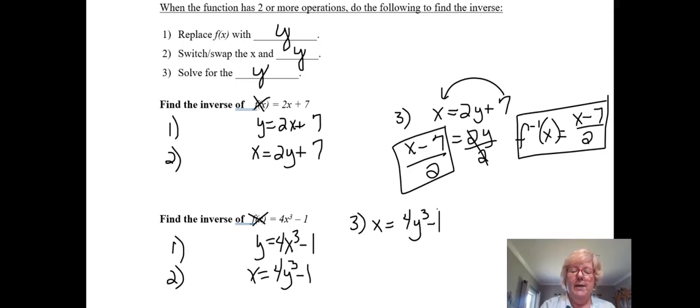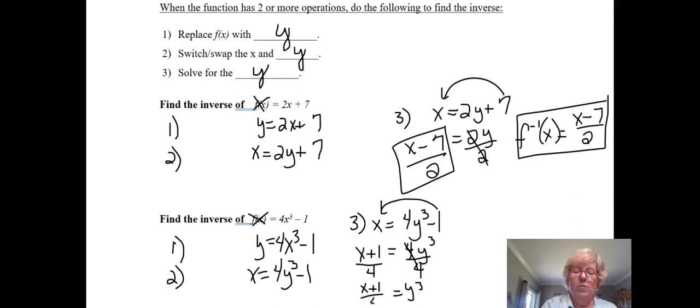Now in this problem, I need to move over my -1, so that becomes x plus 1. Then I would need to divide by 4. Gives me y to the 3rd equals x plus 1 over 4.